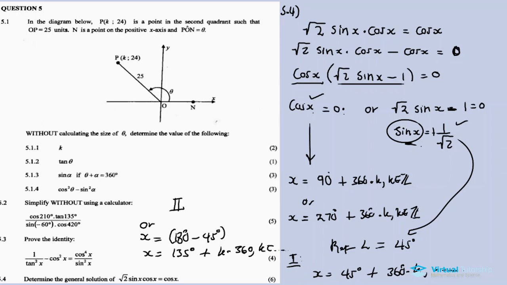So our general solutions are how many? Let's count: 1, 2, 3, and 4. We would lose 2 if we divide by cos x, as you would only have 2 general solutions. That's how you lose marks.